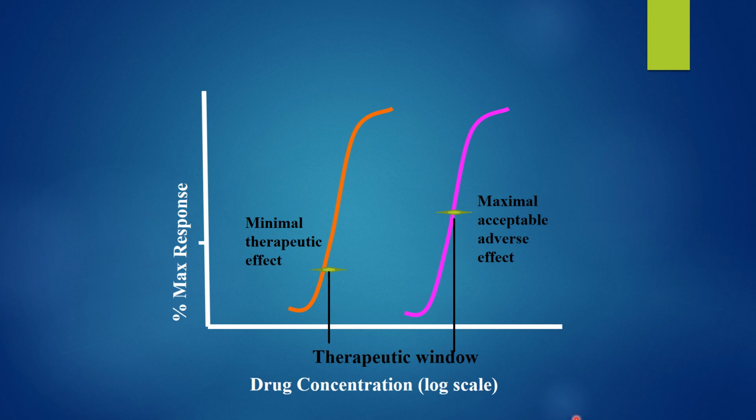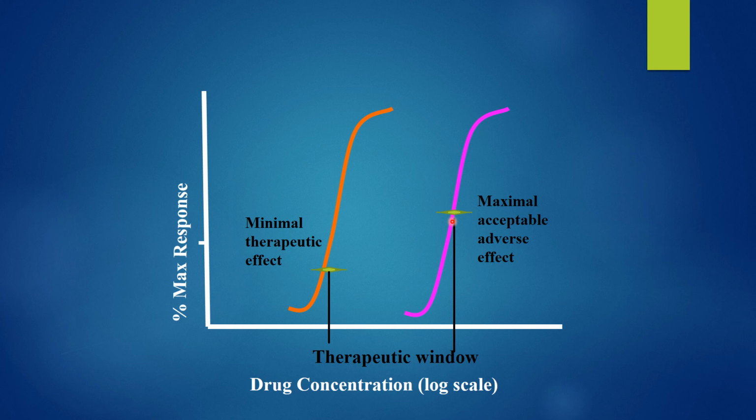Here you can see we are taking a graph of the therapeutic effect and a graph of the acceptable adverse effect. Here are the initial doses, where it started to produce a minimal therapeutic effect, and it gradually increased until it reached a maximum level. In the same way we are taking the adverse or toxic effects. It has started here, and we are taking about 50% of people, the maximum acceptable adverse effect.